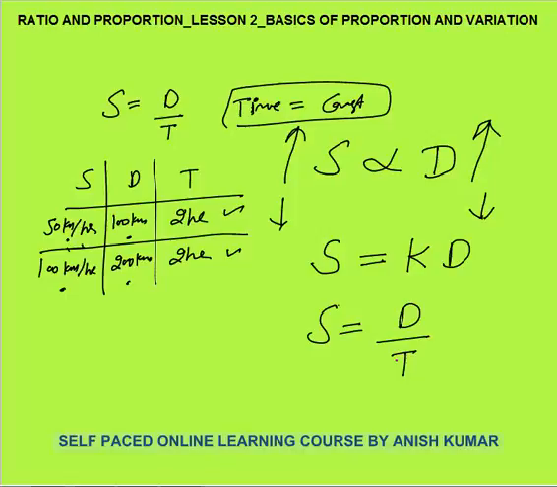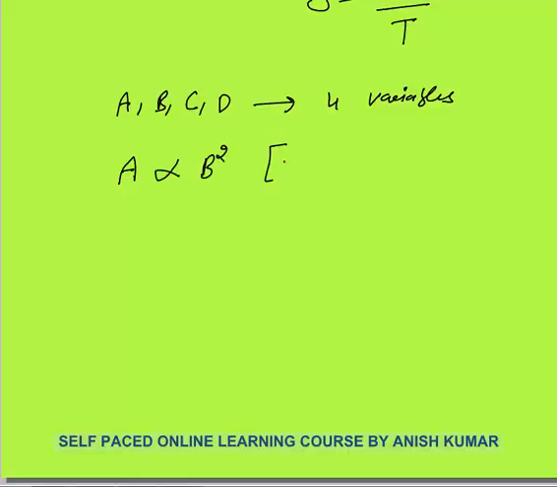There can also be a joint variation. Joint variation means that, for example, if I say that A, B, C and D are 4 variables. If I say that A varies directly with B square when C and D are constant. It's very important: you can apply the joint variation only when 2 variables vary with each other and the other 2 are constant.